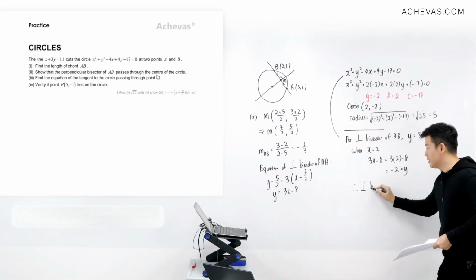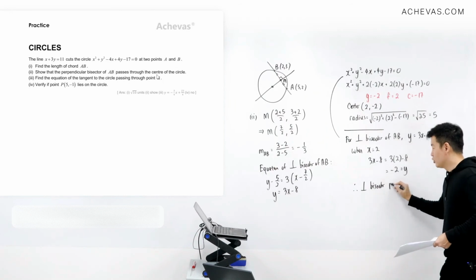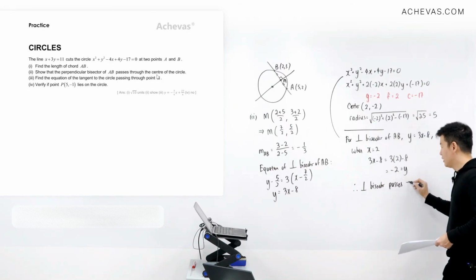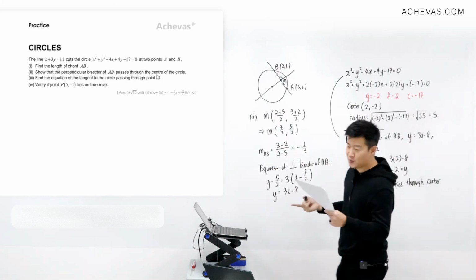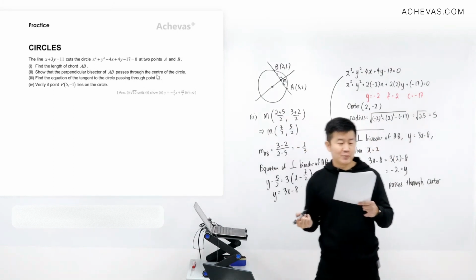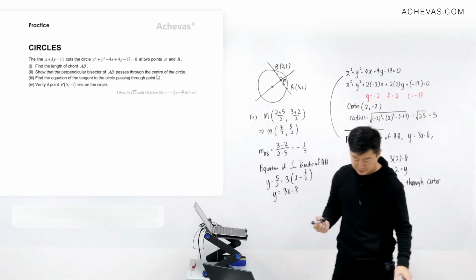Therefore, the perpendicular bisector is going to be passing through the center of the circle. That's what we have verified. Next, let's move on to part 3.